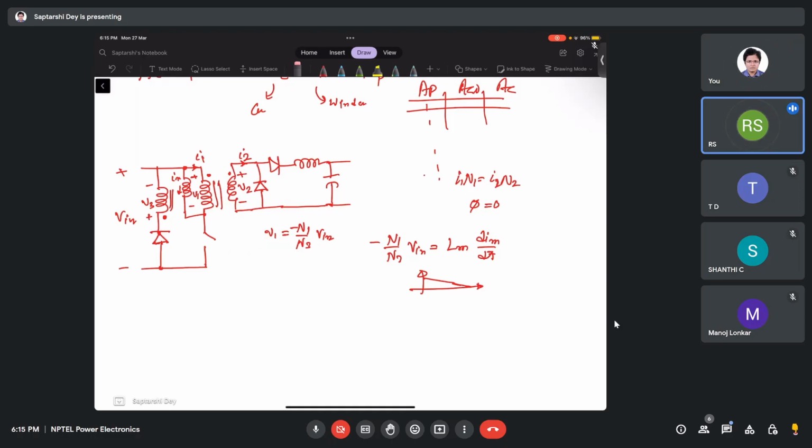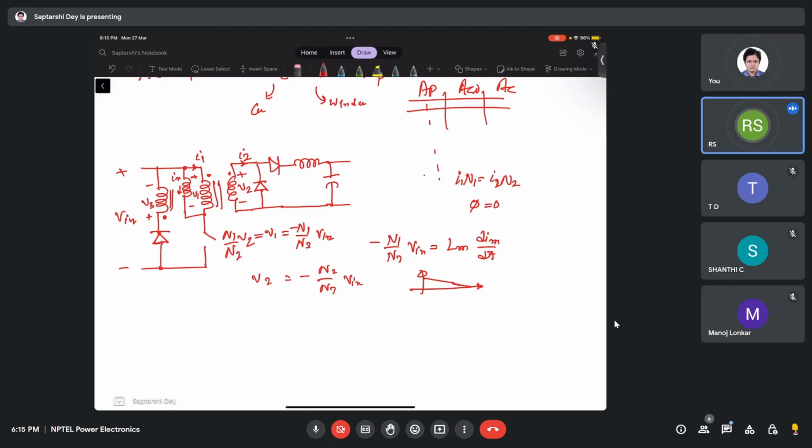No, it is V1. V2 equals V1 times N2 by N1, like this. So we have this. Now you see the V2 value. So what is V2? V2 is basically minus N2 by N3 V in.